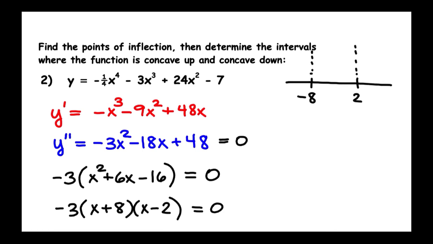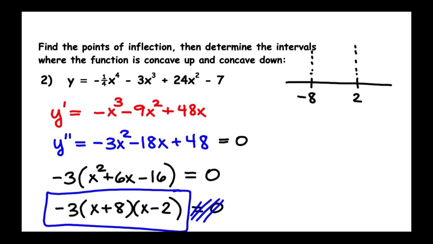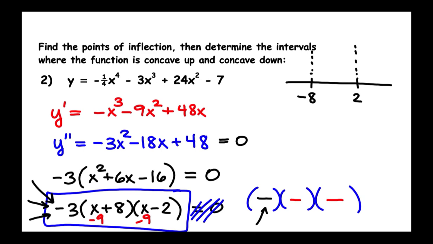Let's try something into the second derivative. If you try a -9, both parentheses here and here will be negative. And the first parentheses, that -3 is negative all the time. A lot of people, when they factor, get sloppy and don't write this -3 right here. And what happens is this doesn't appear and their entire answer is all backwards.